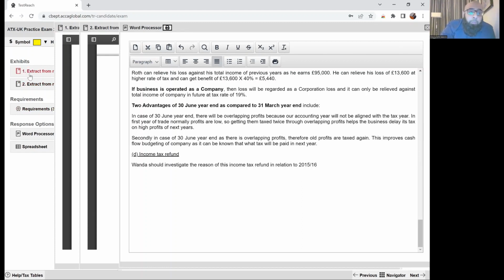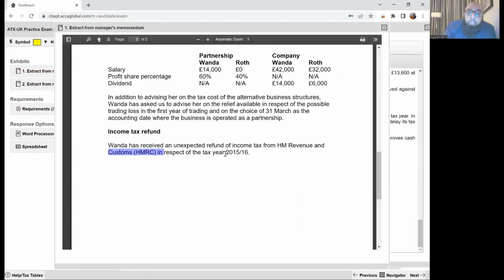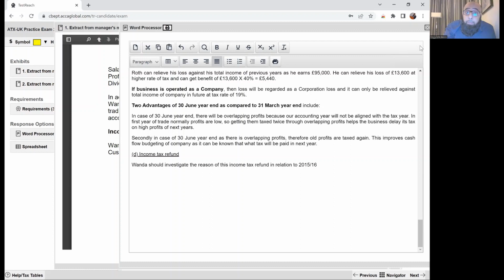She cannot keep the refund without having a known reason for it.